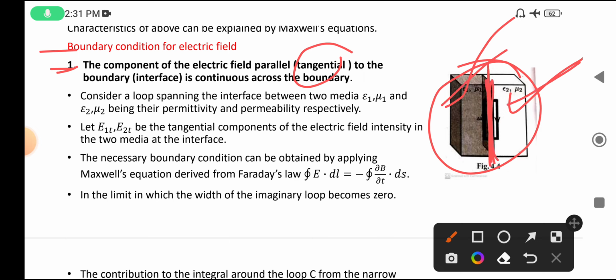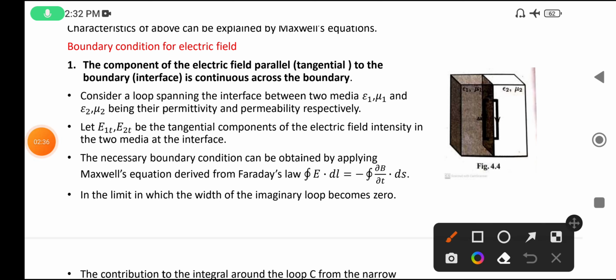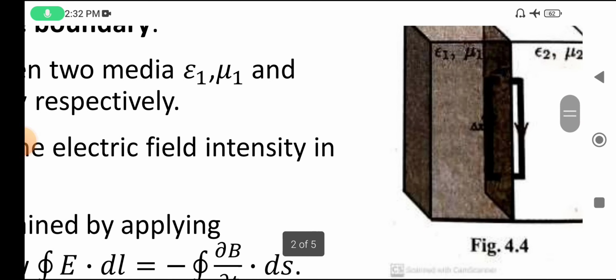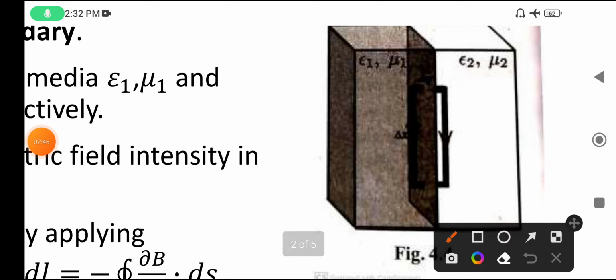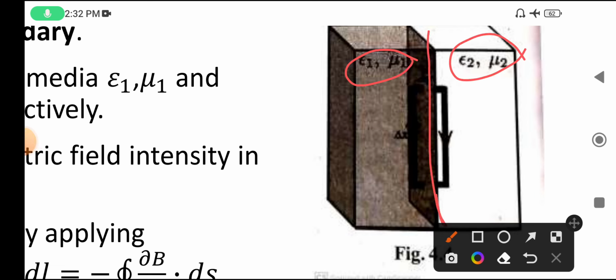When they are joined together, a boundary or interface forms here. They have separate refractive indices, so they have permittivity and permeability separately. That means this material is different from this material. And this is the boundary, because the two objects meet at this plane only. So that is called the boundary.